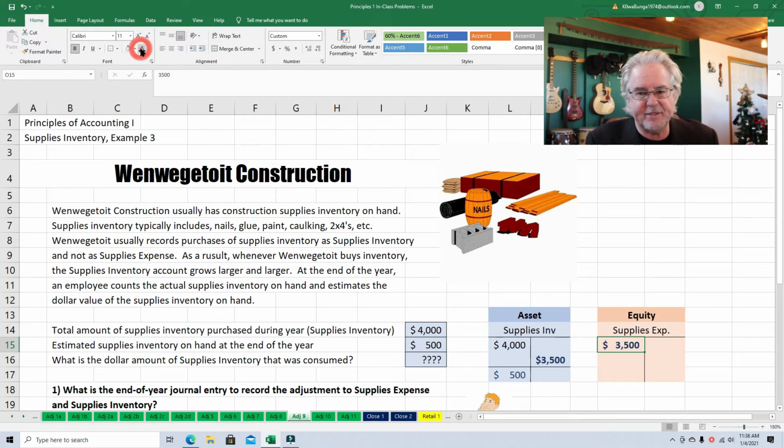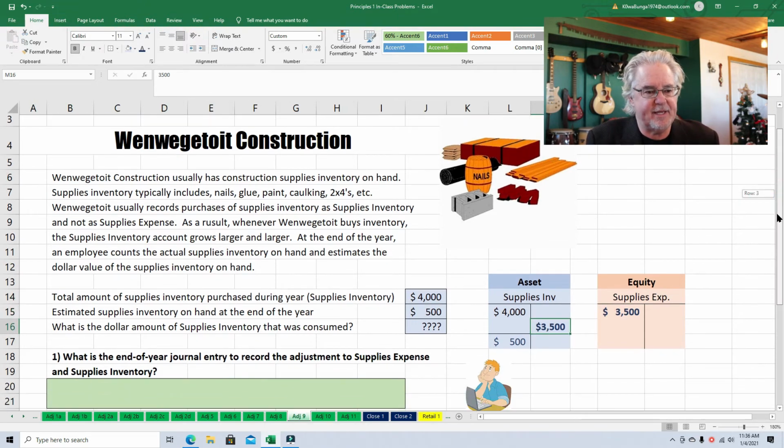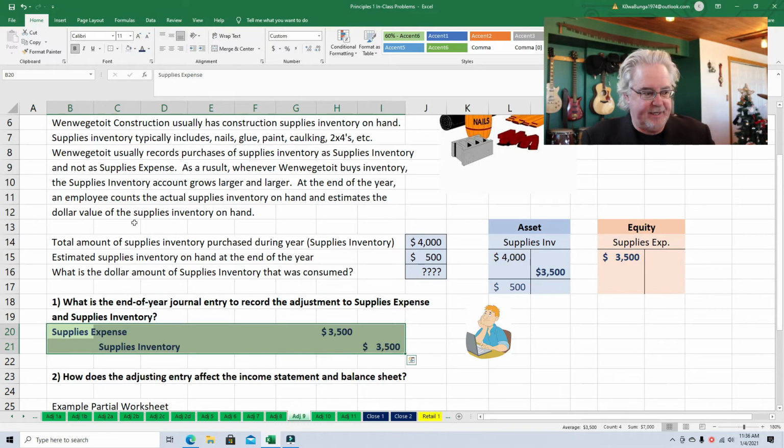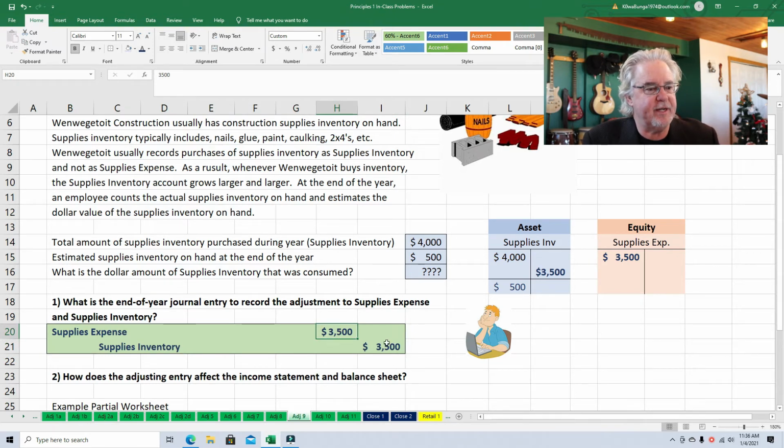Expense means that you're consuming the resources, that they're being used up, and that's in fact what happened: they used up $3,500. So our debits equal our credits here. So what would be the journal entry that the accountant would make at the end of the year to adjust these accounts? Well, it'd be real easy. It'd be supplies expense $3,500 and supplies inventory a credit for $3,500, and it just reflects what we did up here. So there's your journal entry.